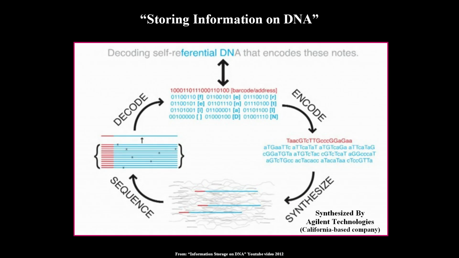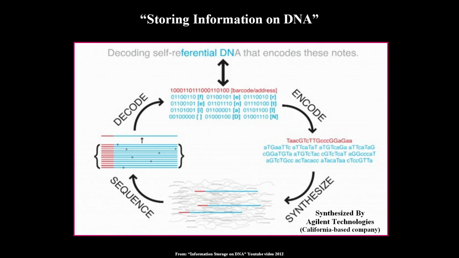And so what they've done is they take the computer code, ones and zeros, that type of thing, and they encode it with the DNA bases: adenine, thymine, guanine, and cytosine. That's the ATCG that you see there over to the right where it says encode.